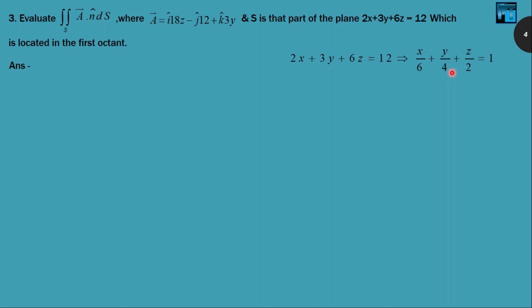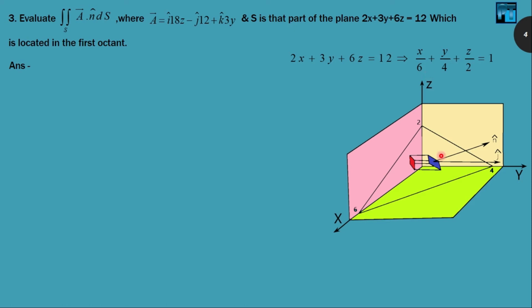Till you do not draw the surface, you cannot visualize the projection surface. So drawing of the surface is very important, but while drawing you have to remember these cutoff points. There is no hard and fast rule that the surface will be a perfect representation of this equation, but you have to remember that the cutting point of z-axis will be 2, y-axis will be 4, x-axis will be 6.